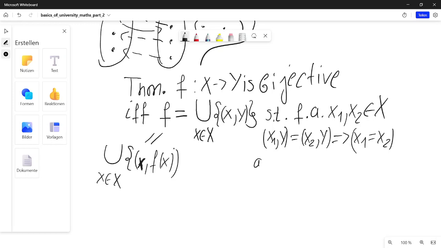And such that, oh, let's do it like that. The y that is with x in a pair, right? We have to do that, otherwise it's not clear what y is.